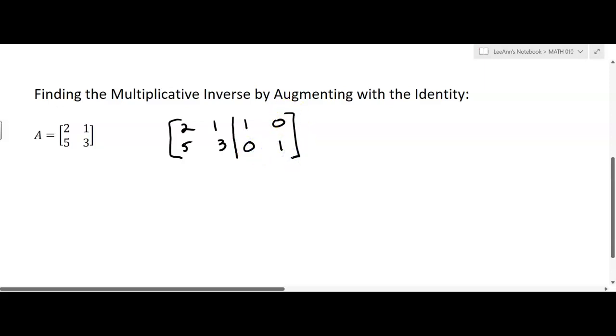Now, the goal is to get this part on the left to look like the identity. When we do that, the inverse is going to pop up over here. Okay? So right now, this part to the left of the line does not look like the identity, but that's the goal.